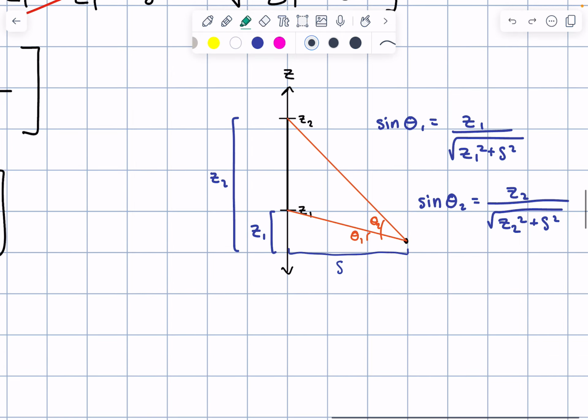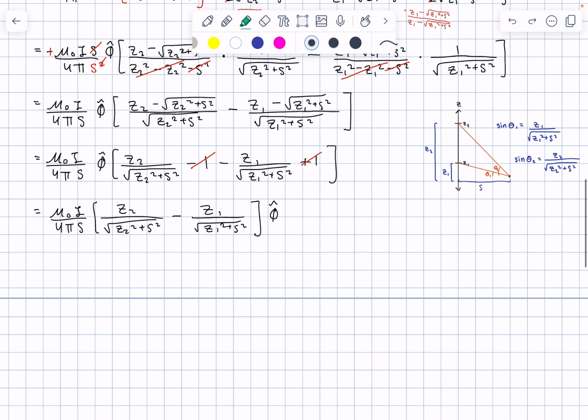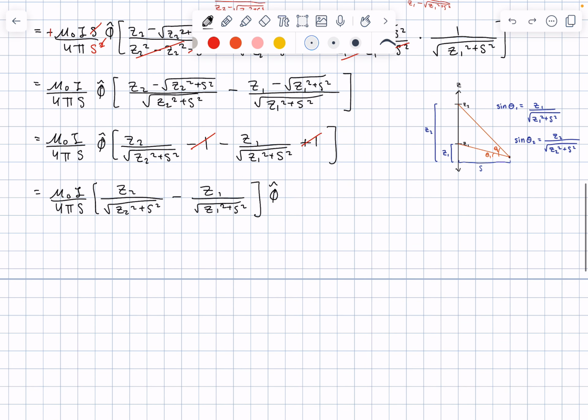And so then we can just plug those into our equation, and we get that B is equal to mu naught I over 4 pi s times sine of theta 2 minus sine of theta 1 in the phi hat direction.